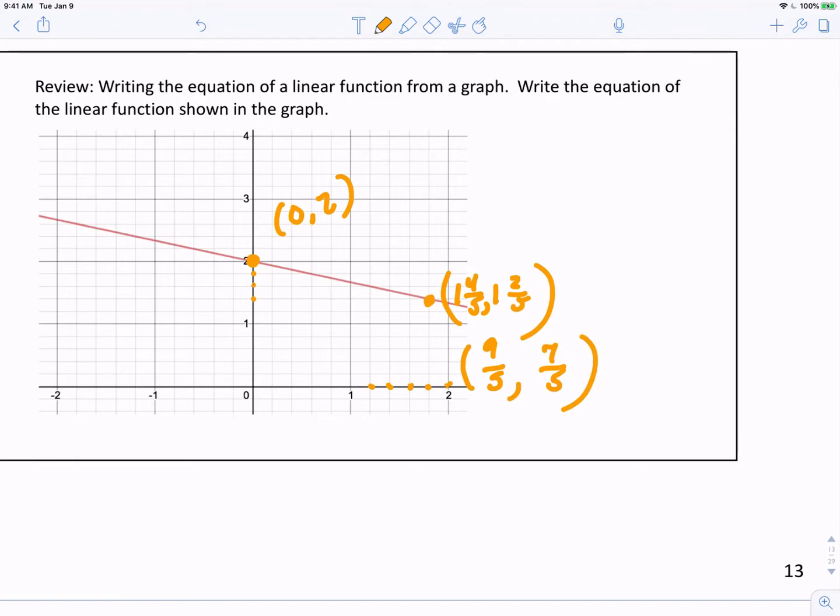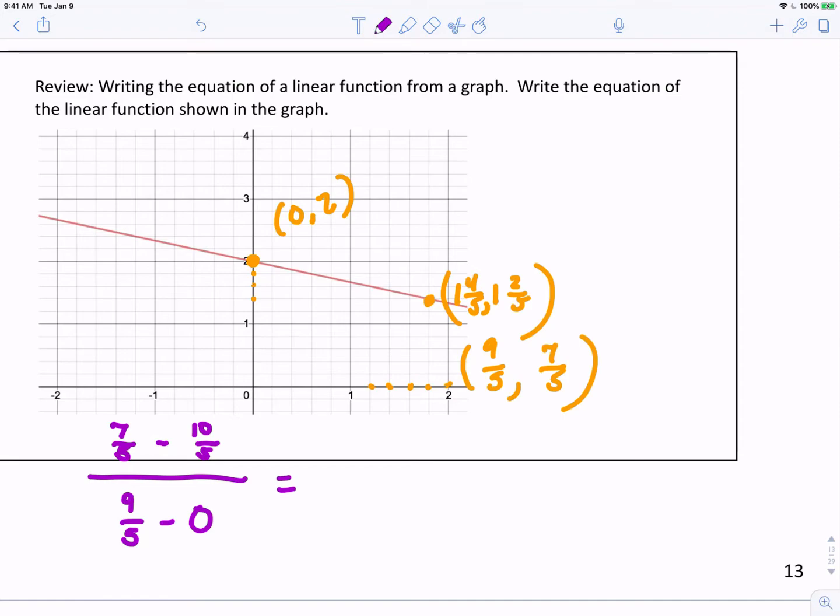So now we could use the slope formula. The slope formula would say, okay, we should subtract the y-coordinates. So we're going to have 7/5 minus 2, which is 10/5, divided by 9/5 minus 0. So subtract the x-coordinates, subtract the y-coordinates, and now it's just kind of messy arithmetic.